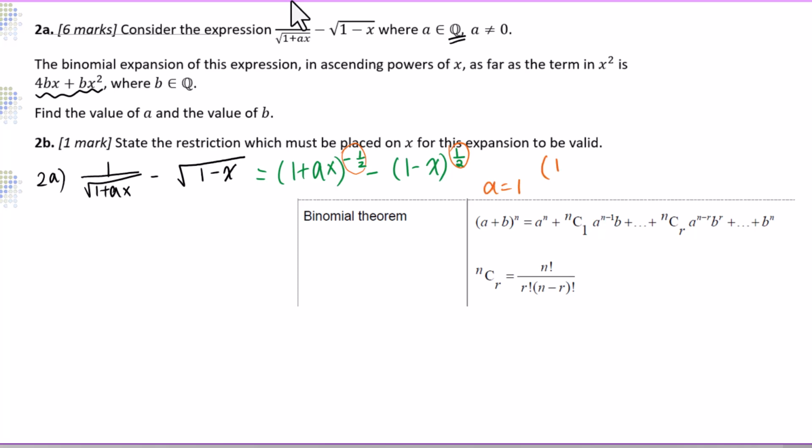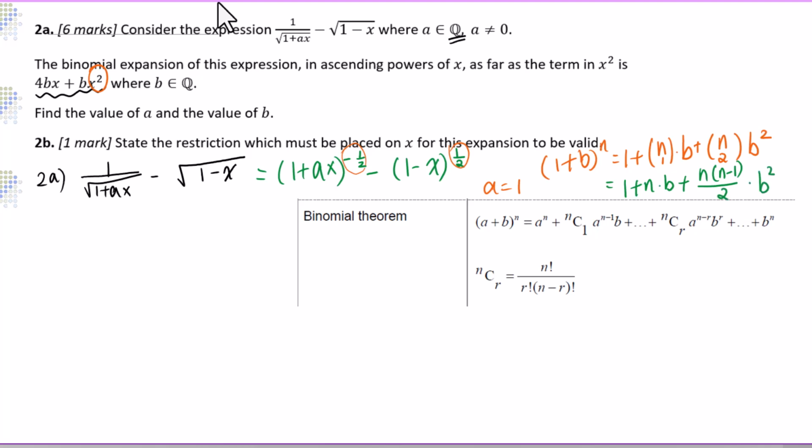Then we have 1 plus b to the nth power equals 1 plus n choose 1 times b plus n choose 2 times b squared. We stop here because this is x squared. It equals 1 plus n times b, plus n choose 2, which is n times n minus 1 over 2 factorial, times b squared.